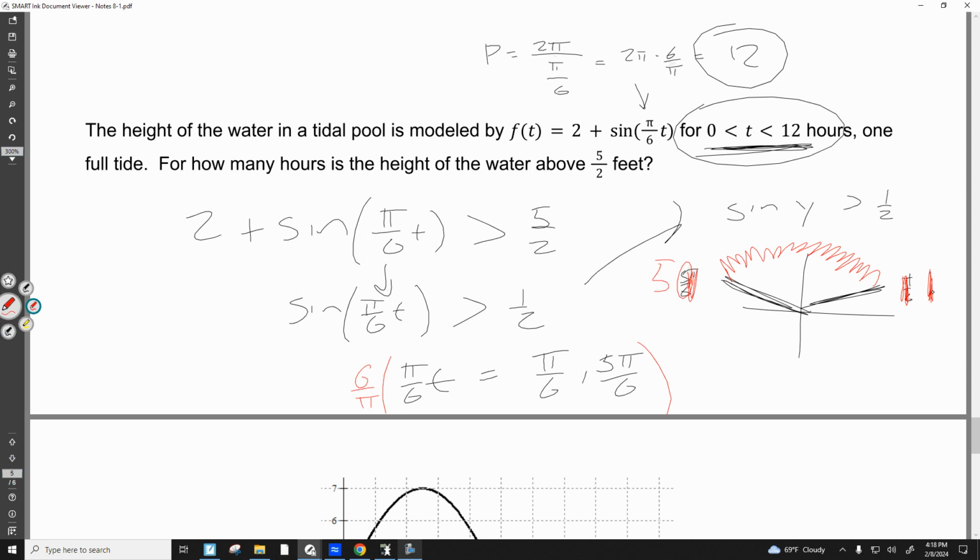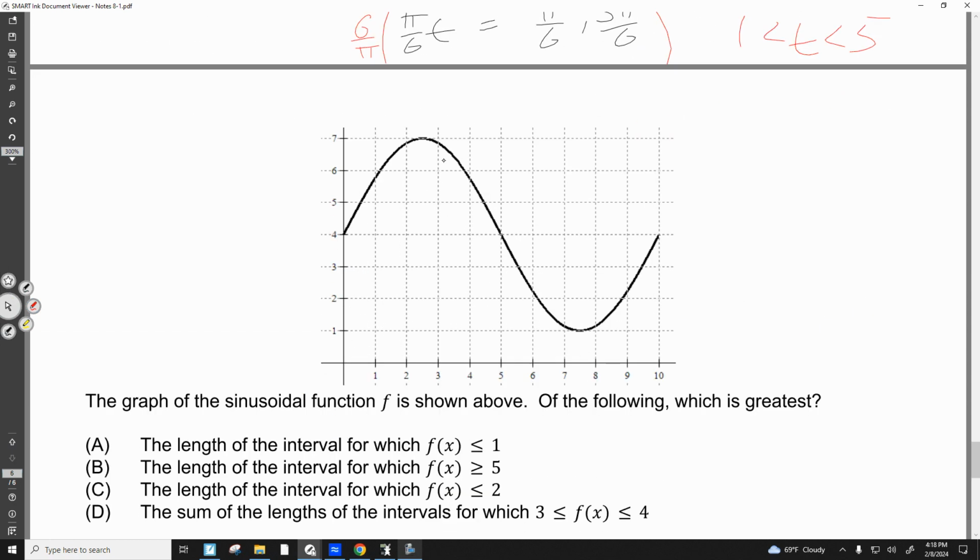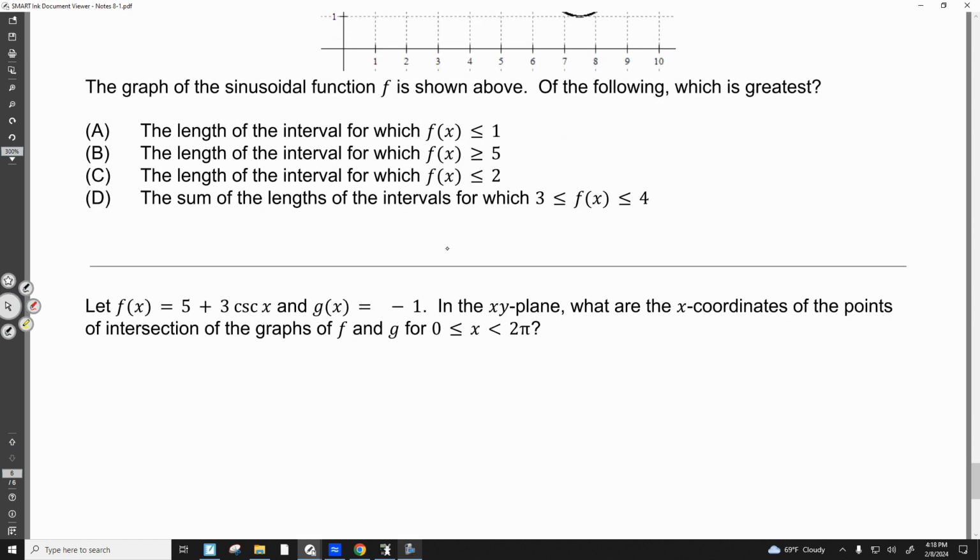Plug in 1, you get pi/6. Plug in 5, you get 5pi/6. Your answers are your time values between 1 and 5. It's just dilations, translations like normal, only in equation form. Let's do one more of those.